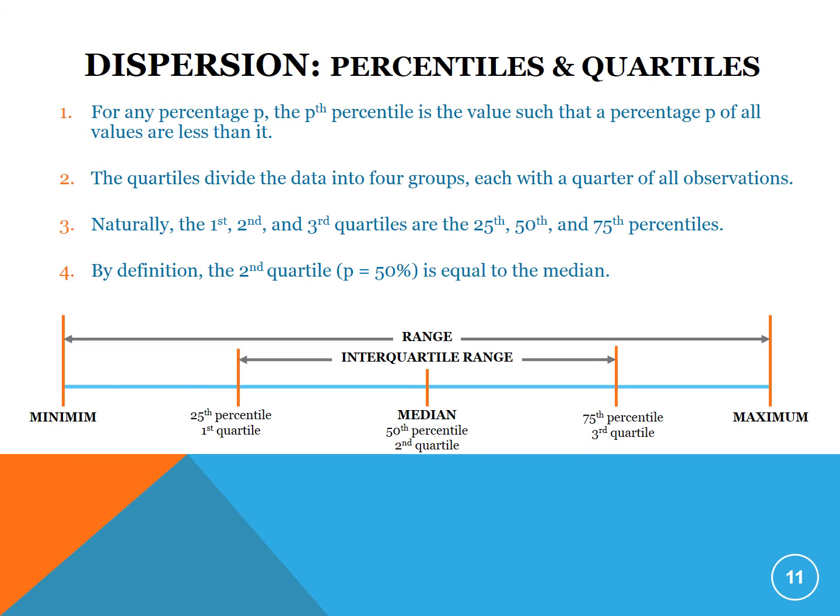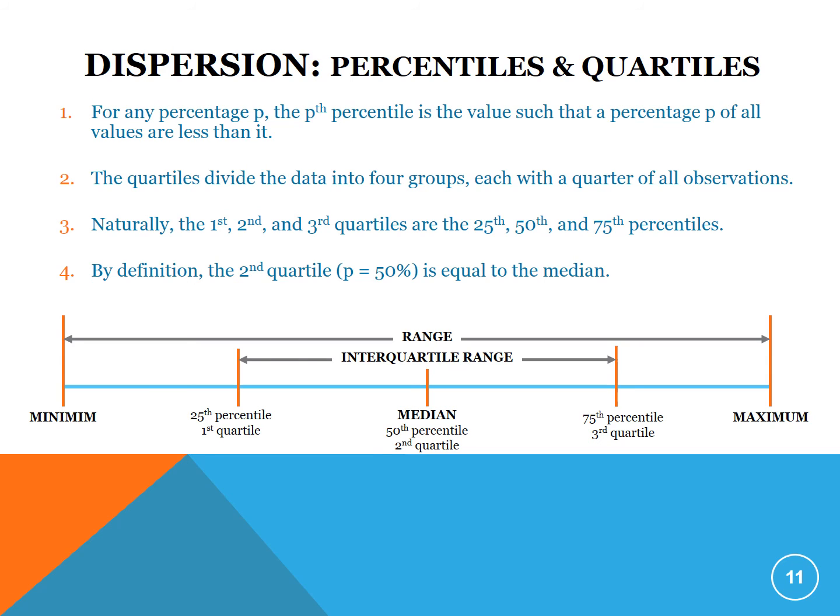And then the 75th percentile, that's the other end of that Snickers bar. You cut it in half, and then you take that half and cut it in half again. The half on the first side is that first quartile, or 25th percentile. The half on the other side that you cut in half is your 75th percentile, or your third quartile.